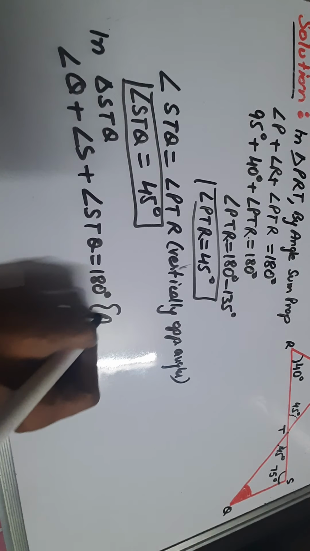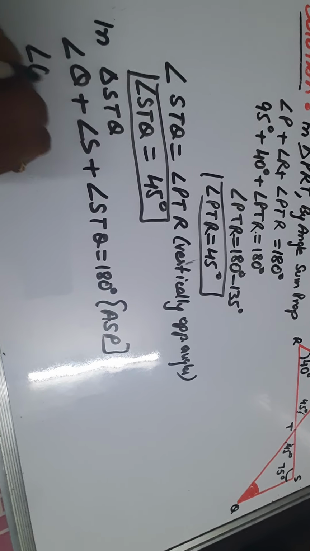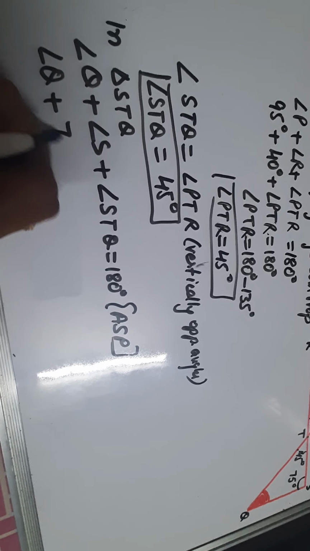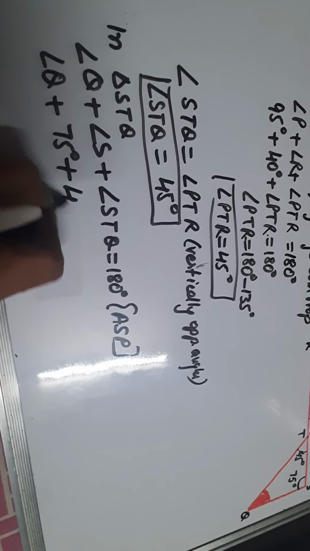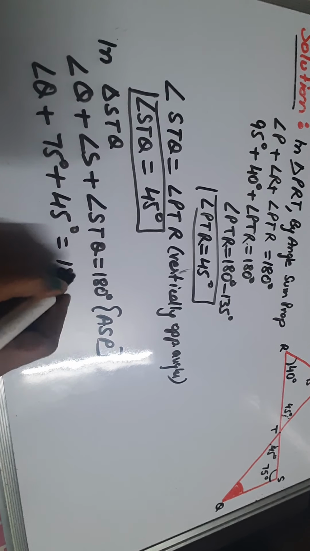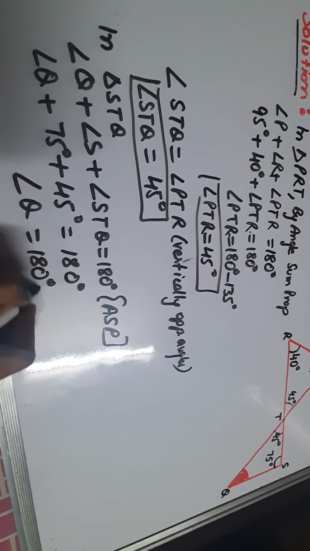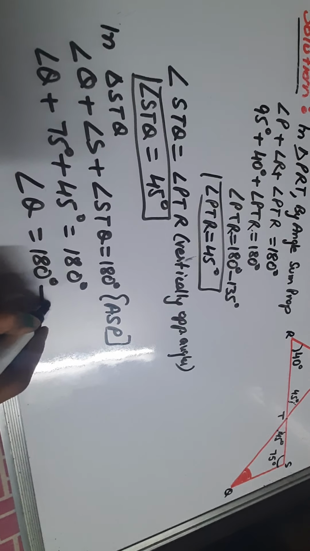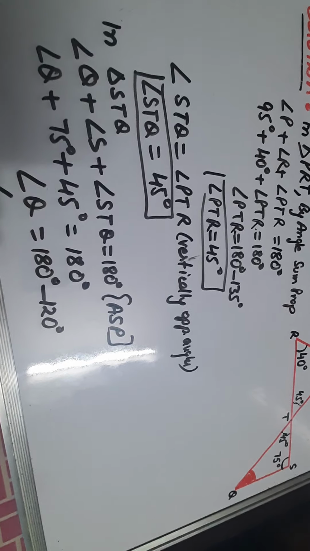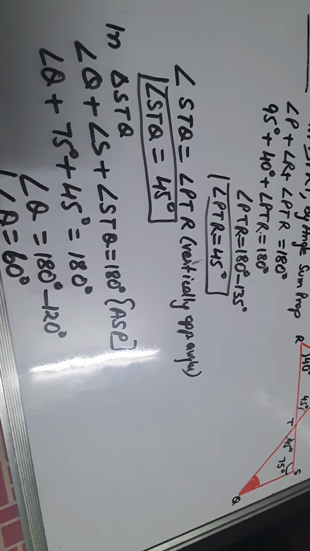So again the reason is angle sum property. So angle Q we need to find out, plus S is 75 degrees given to us, and 45 degrees we obtained from the second step. So from here angle Q can be obtained: 75 plus 45 is 120, so angle Q will be 60 degrees, right?